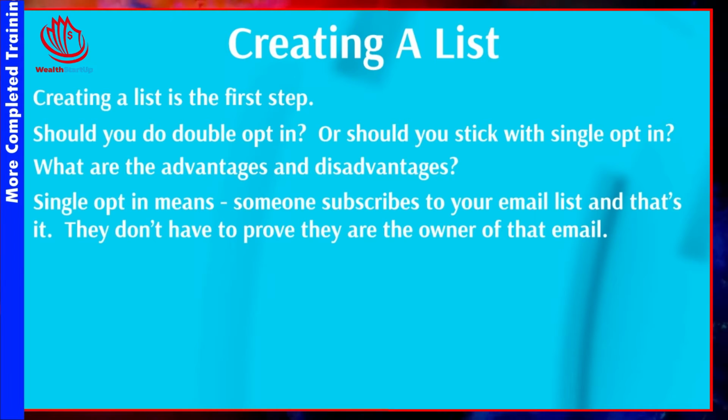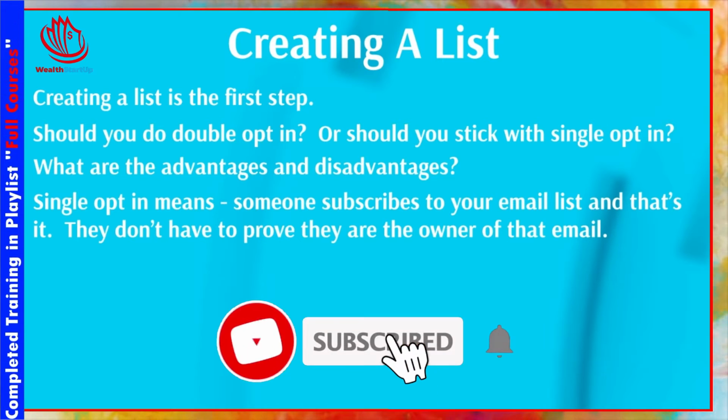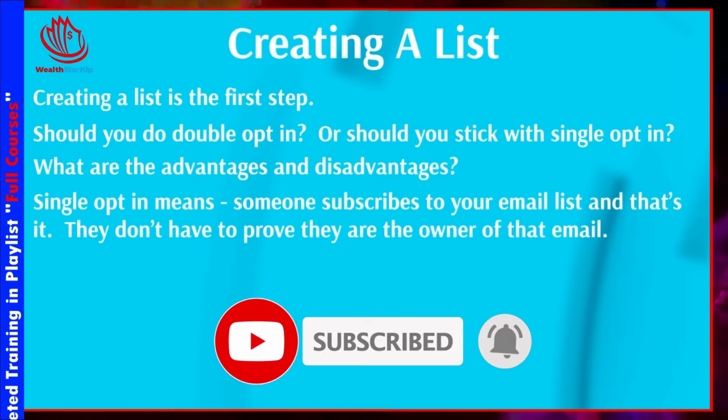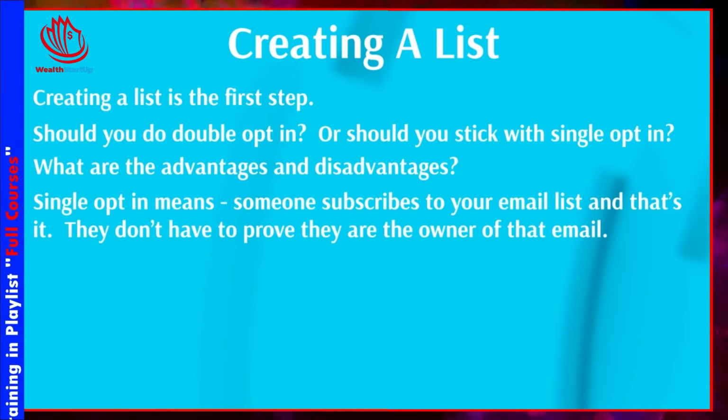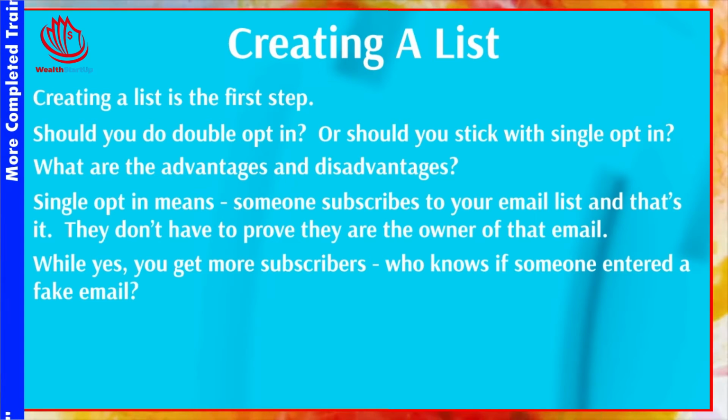So nowadays, most people are very reluctant on giving out their email address. So therefore, there's a lot of email services out there that give you a disposable email address that only lasts sometimes 10 minutes. Now, the problem with that is that when you get fake subscribers, it will actually hurt you in the long run, especially when you email fake emails.